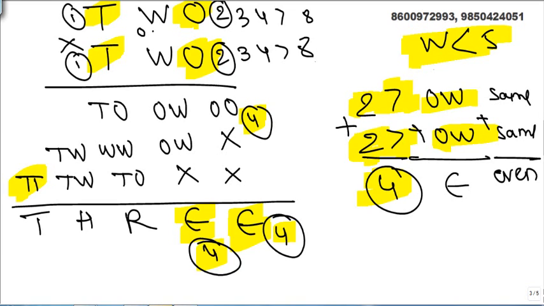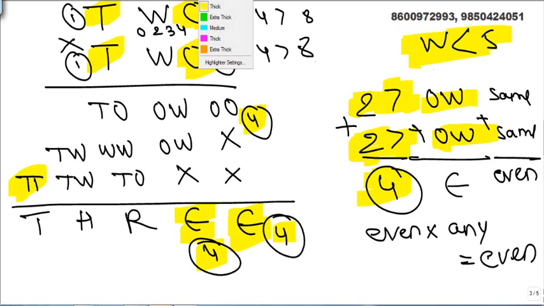And W, we already know, is either 0 or 2 or 3 or 4. If we try any of these cases, we know even into anything is even. Means 2 into 0 is 0, 2 into 2 is 4, 2 into 3 is 6, 2 into 4 is 8. Neither can we get 7 plus 7 nor 2 plus 2. I repeat what I said. Even number into anything is always even.